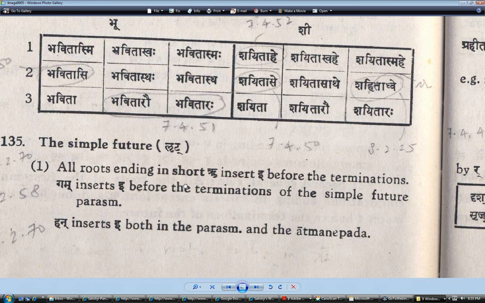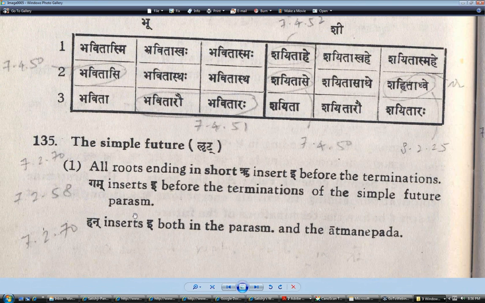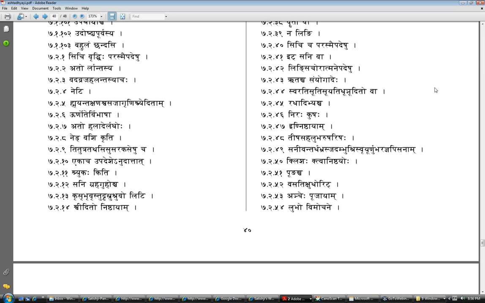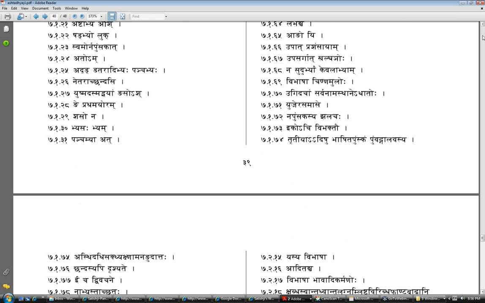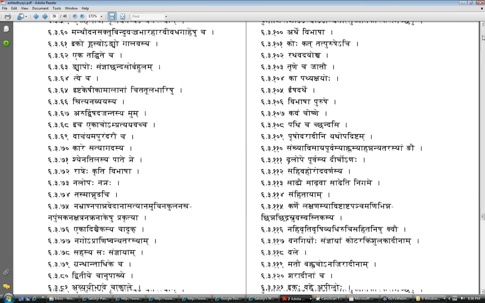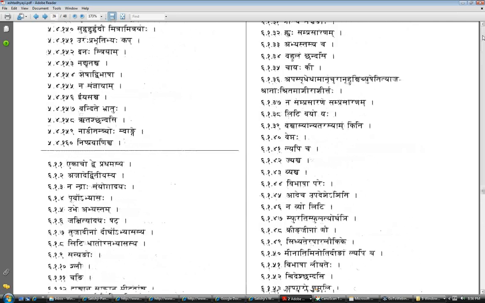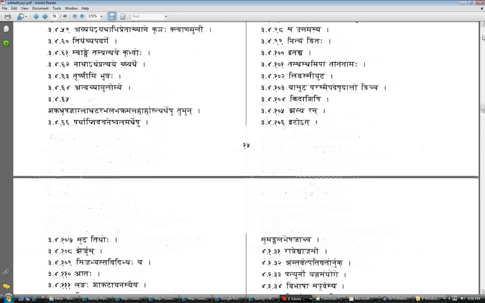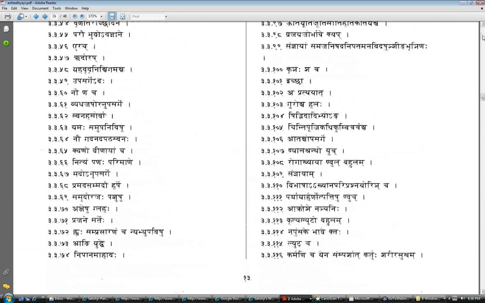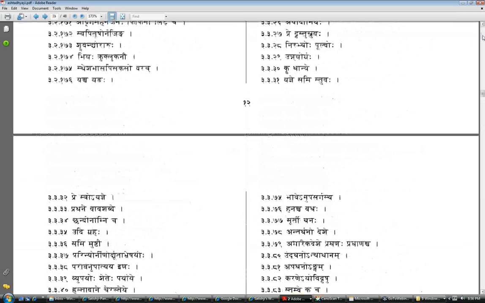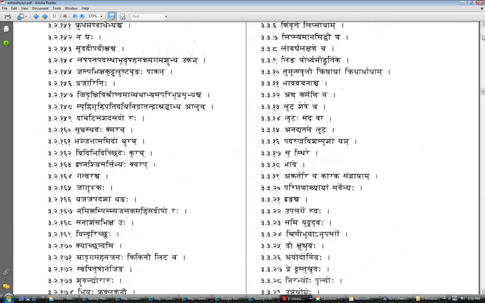Take the dhatu bhu, bhu plus Lit. Now the Lit, first of all, we need to find a sutra from 3.3.3 to 3.3.15, which will allow us to use this Lit in the bhavishyati arthe. Assuming the speaker wants to talk about some future action, we can bring in the pratyaya Lit by bhavishyati. There must be some sutram in 3.3.3 to 3.3.15.